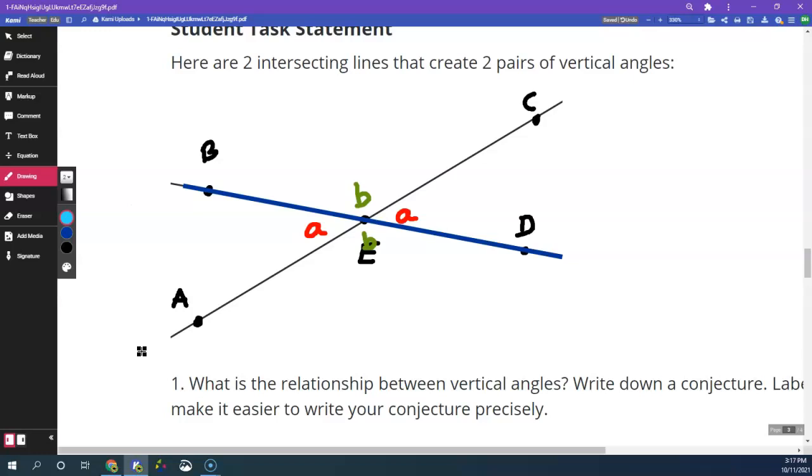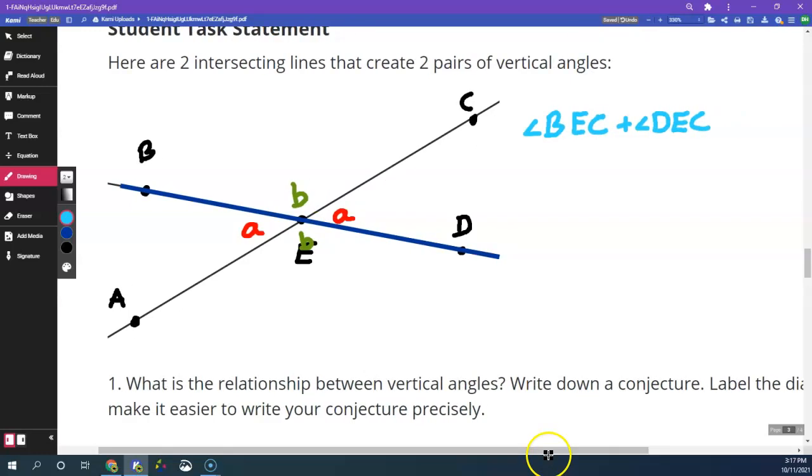I had two groups that came up with this. BEC. Instead of saying angle B, I'm just saying BEC plus DEC. Alright.